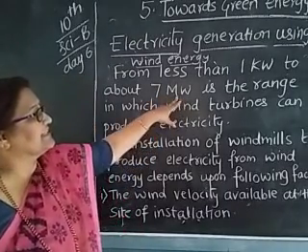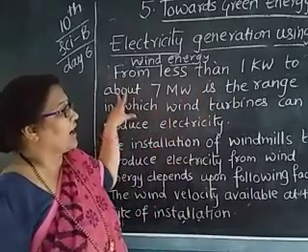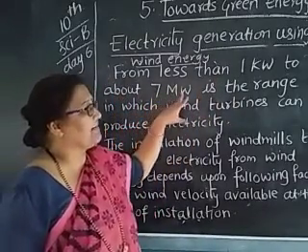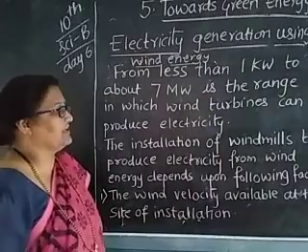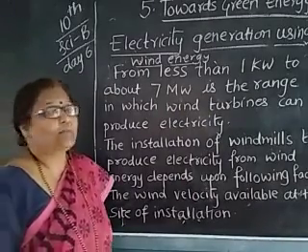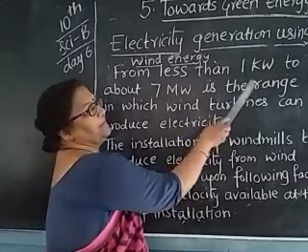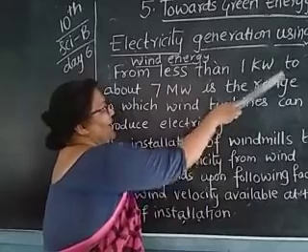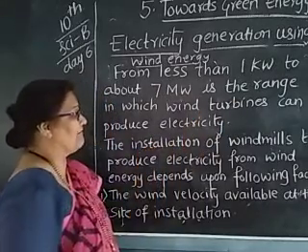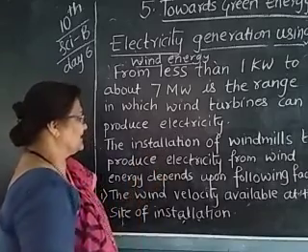This is the range in which the wind turbines can produce electricity. That means to produce the electricity, the range should be between 1 kilowatt to 7 megawatt. Then and then only it can produce the electricity.